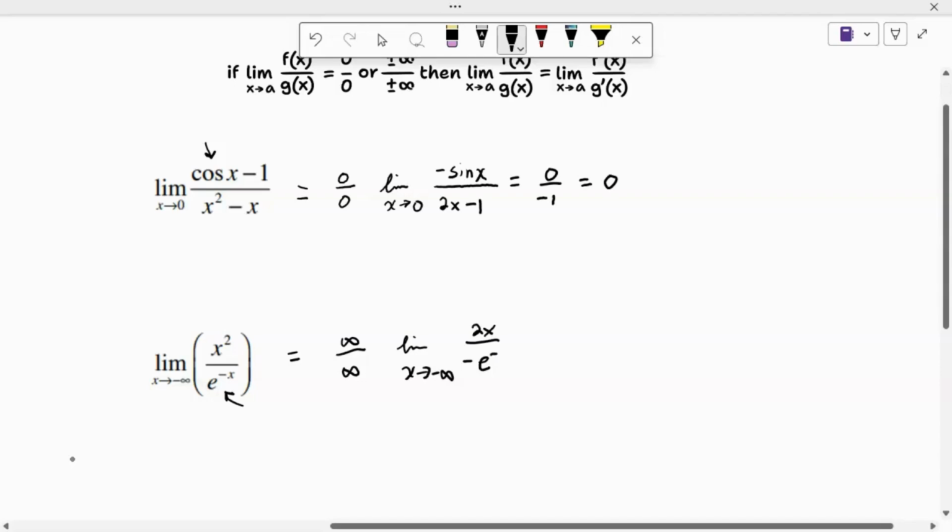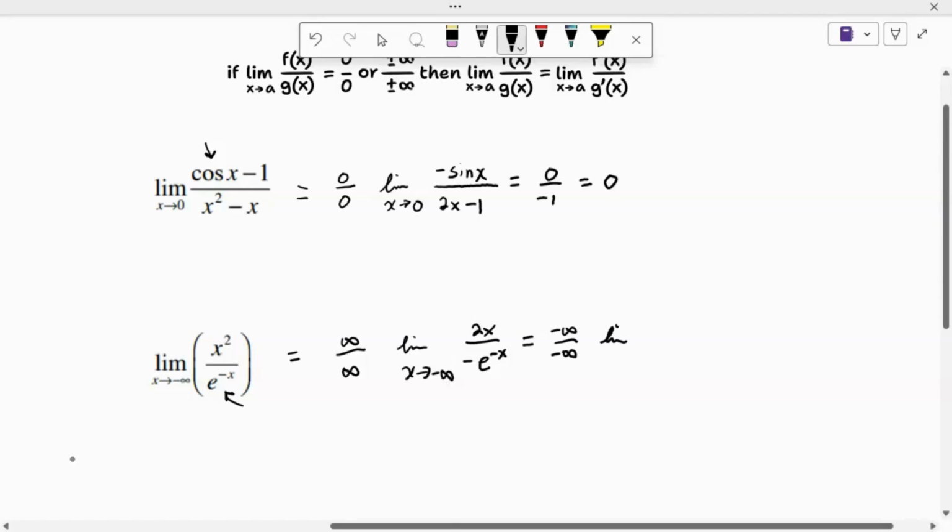It would be negative e to the negative x. I try to plug in negative infinity, and I'm going to get negative infinity over negative infinity. So I have to continue with this process.